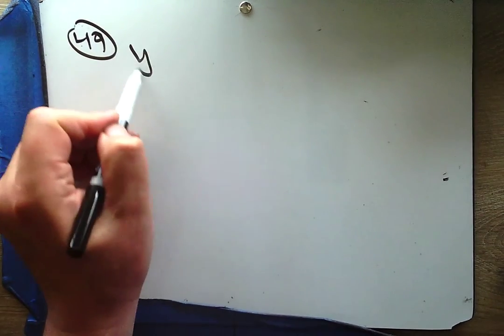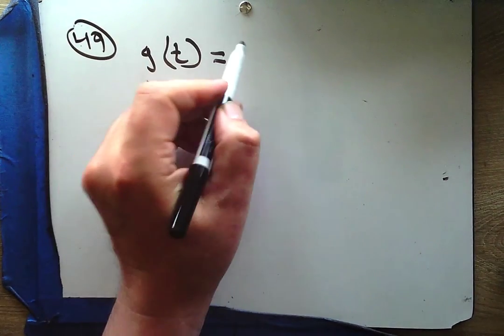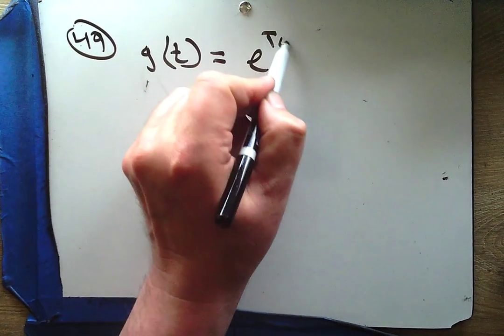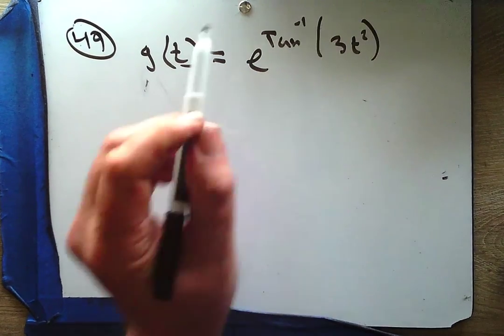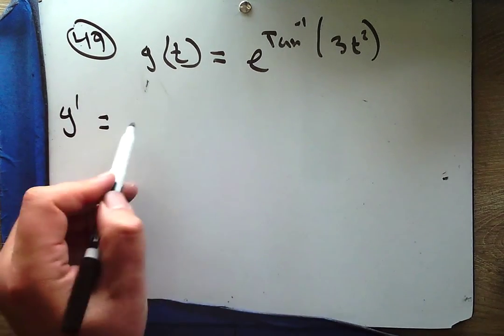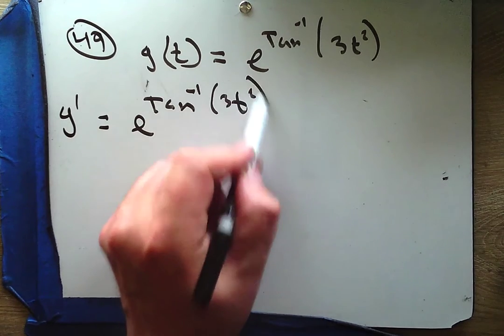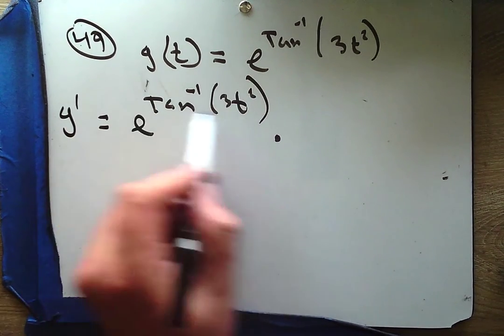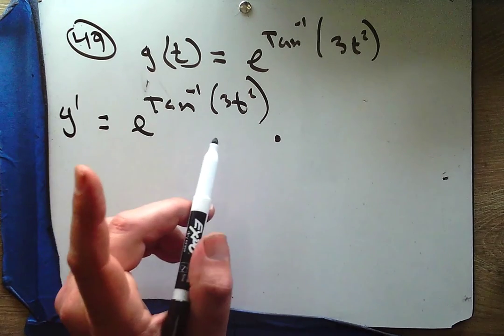All right, so let's take a look at 49. g of t equals e to the tangent inverse of 3t squared. So we know that g prime is going to be e to the same thing, times the derivative of that inside function. Derivative of tangent inverse is not secant squared.